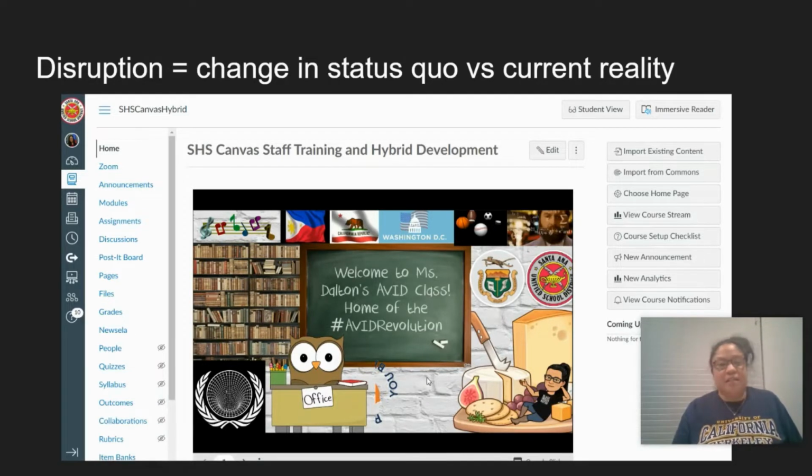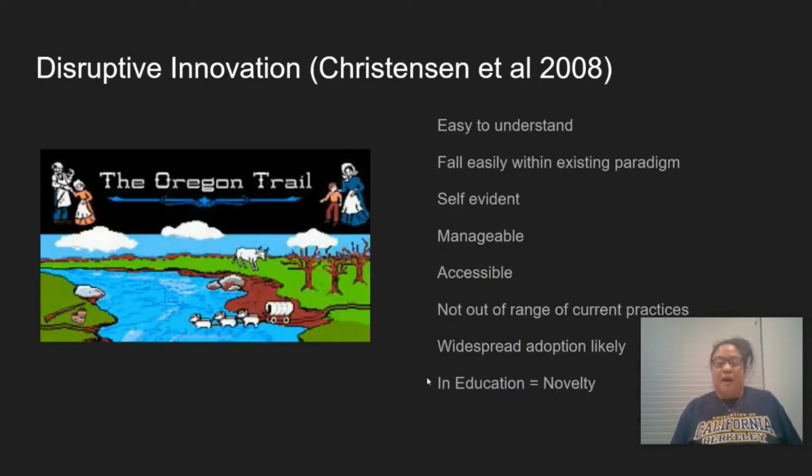And the reason is because disruption is generally perceived as a negative force. However, Christensen actually defines disruptive innovation as something that's easy to understand, something that we already are familiar with, which makes it more likely to be adopted.